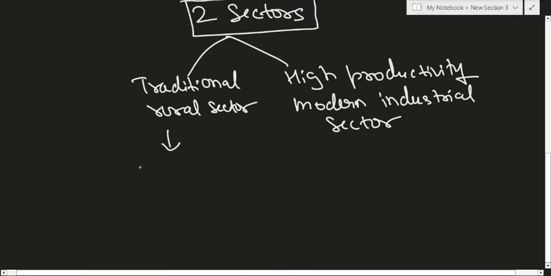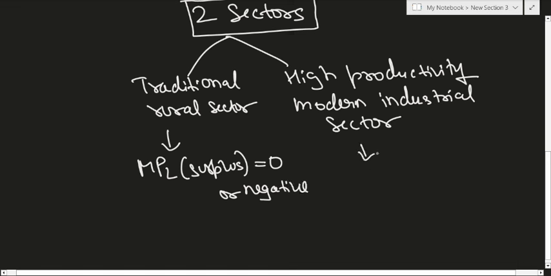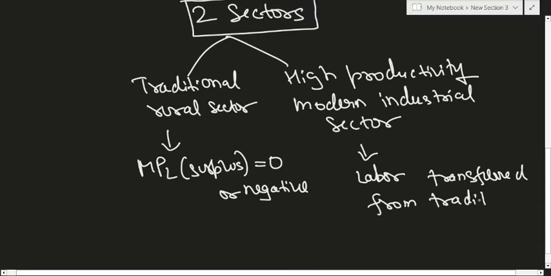In the traditional sector, the marginal productivity of labor (MPL) is zero or negative. The surplus labor, which adds nothing to output in the traditional rural sector, migrates to the high productivity modern industrial sector. Labor is transferred from the traditional sector.